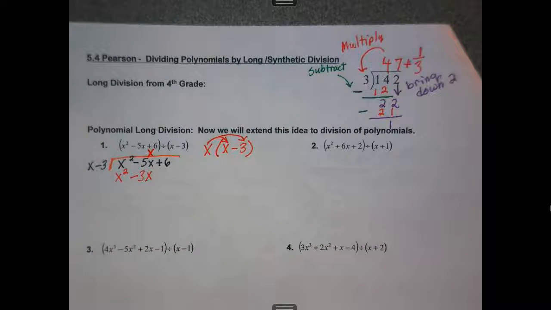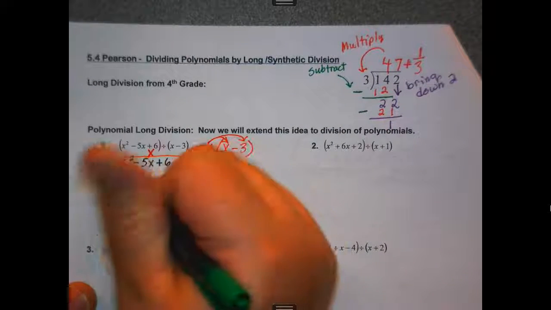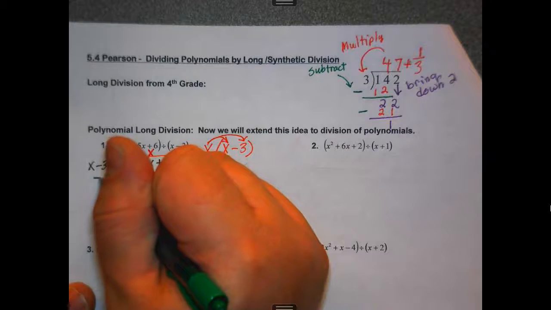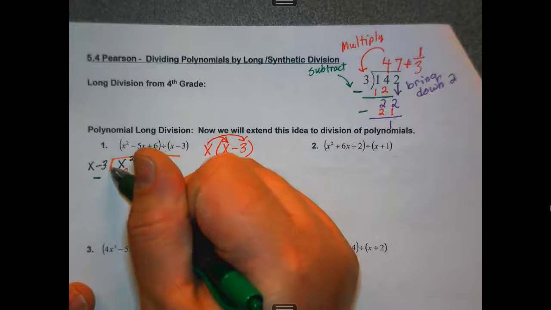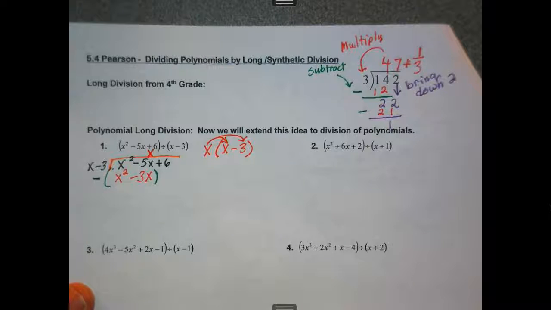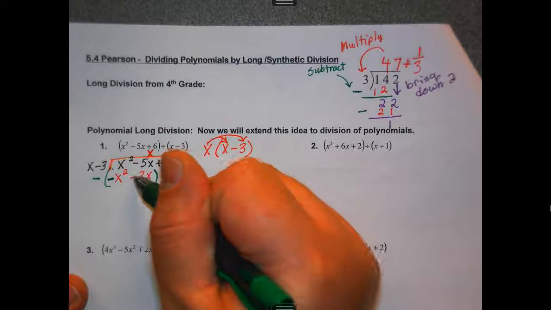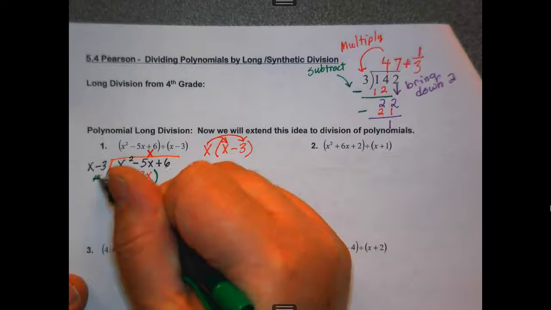Then I'm going to subtract. But be careful because you have to subtract the entire quantity. What's that going to do with our signs inside the parentheses? It's going to be negative x squared and a positive 3x.